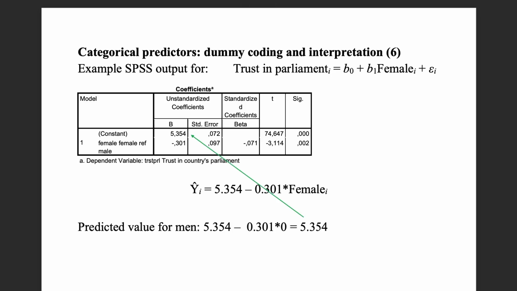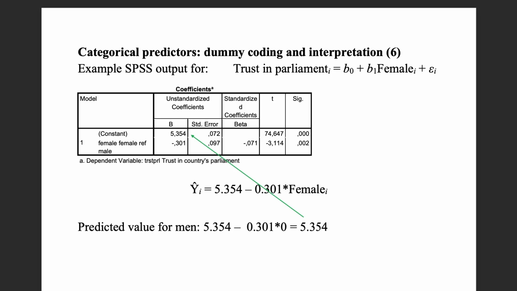So the predicted value for men in this case works out to the constant value, B0, plus B1, the coefficient for female, multiplied by 0 because these people do not belong to the female category. So for them, because we created this dummy variable indicating for these persons the value 0, it's 5.354 minus 0.301, the regression coefficient for the female dummy, multiplied by 0. Yeah, multiply something by 0, you get 0, so you can just forget about it.